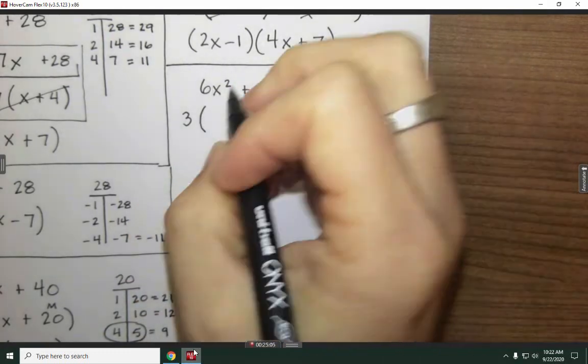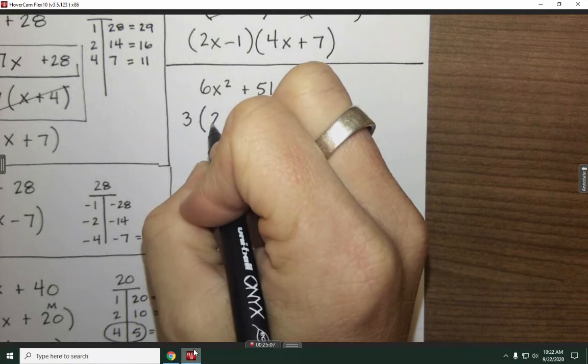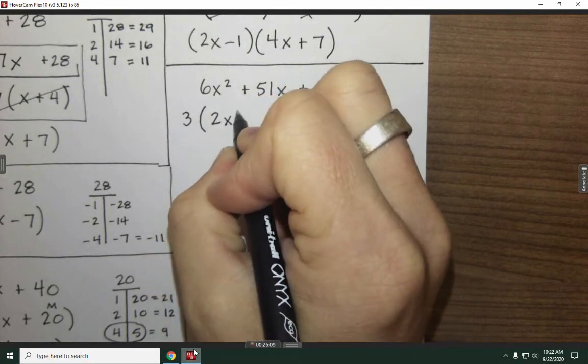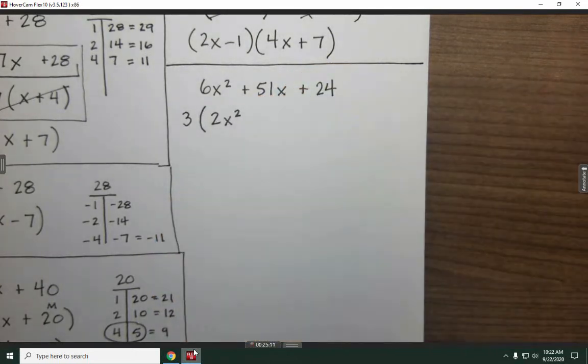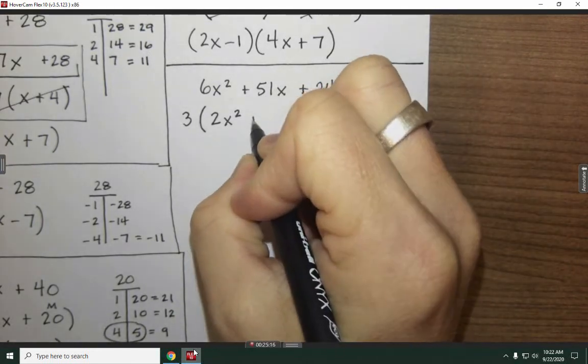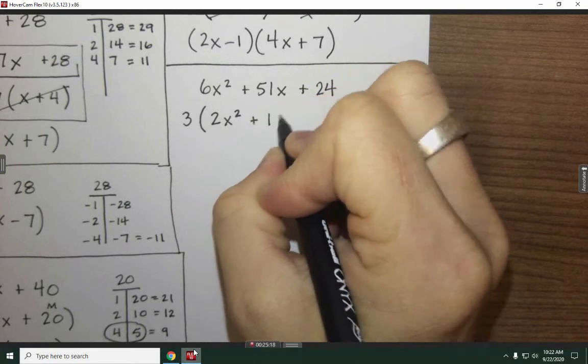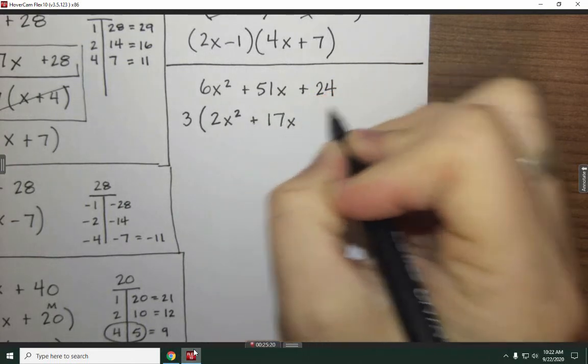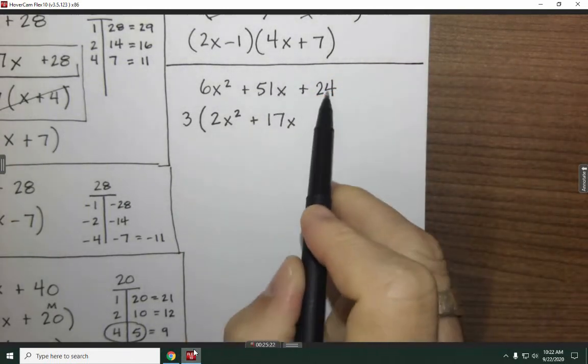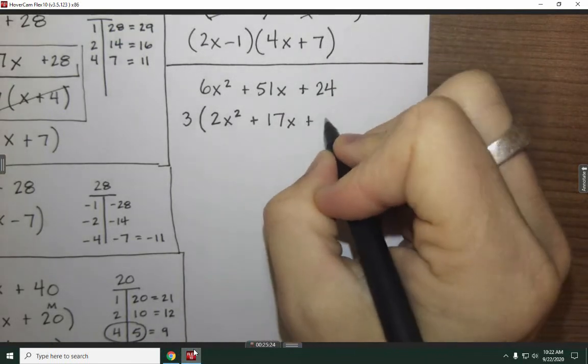So 6 divided by 3 is 2. Still got our x squared there. 51 divided by 3 is 17. Still got our x, and then 24 divided by 3 is 8.